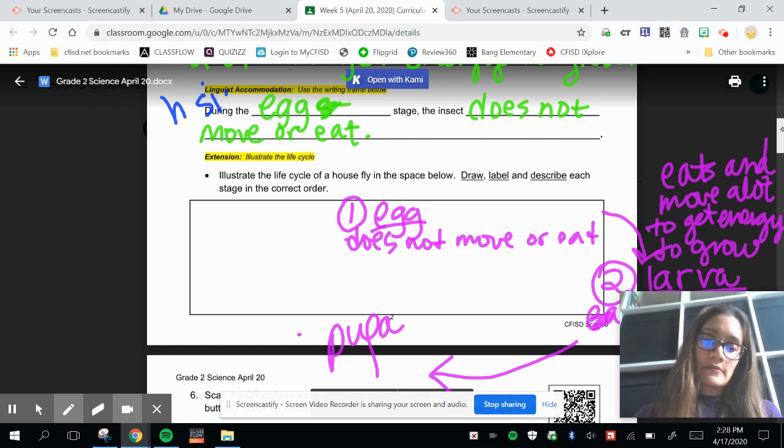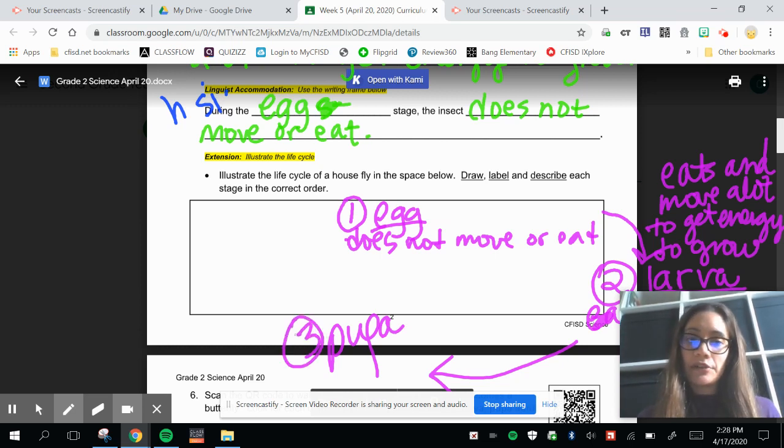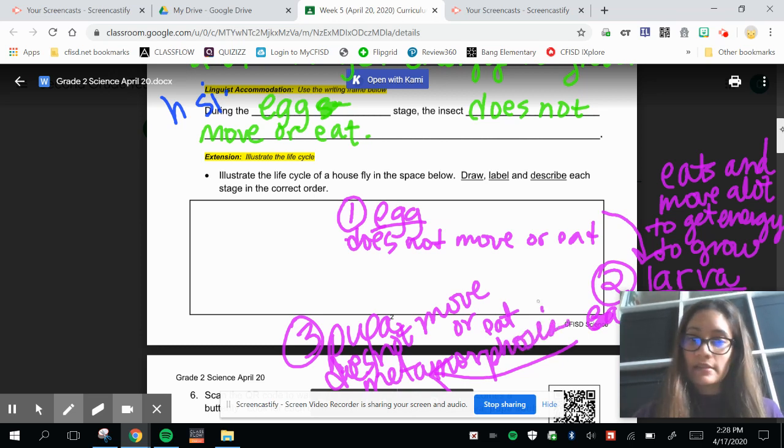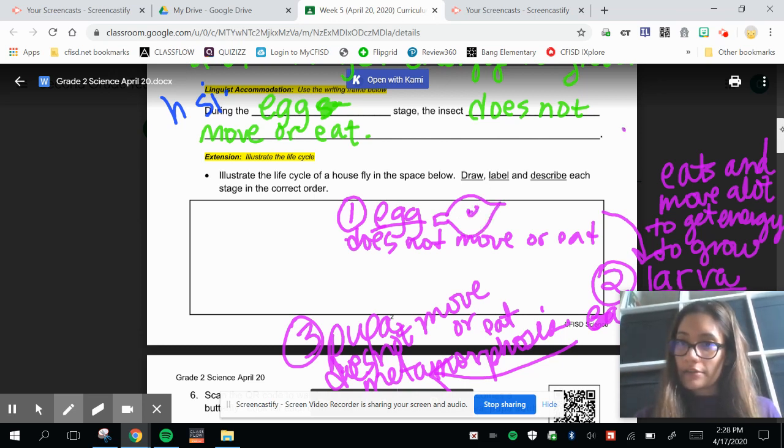pupa. What's happening during the pupa? It does not move or eat, and it's going through metamorphosis. I guess I can draw egg on a leaf, my little housefly larva.